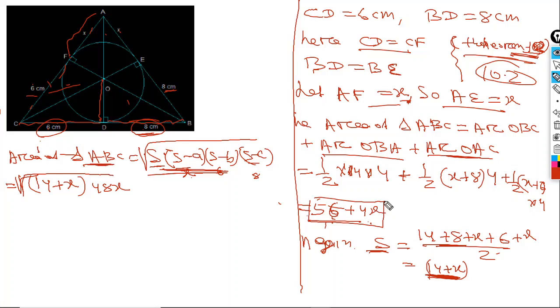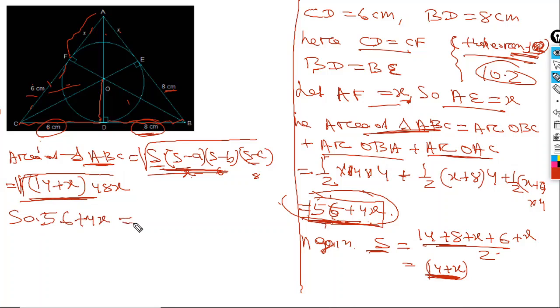But before, we also found the area of triangle ABC, which was equal to 56 plus 4x. Therefore both areas must be the same, because both are areas of triangle ABC. So we can write 56 plus 4x equals root over 14 plus x into 48x, whole root.